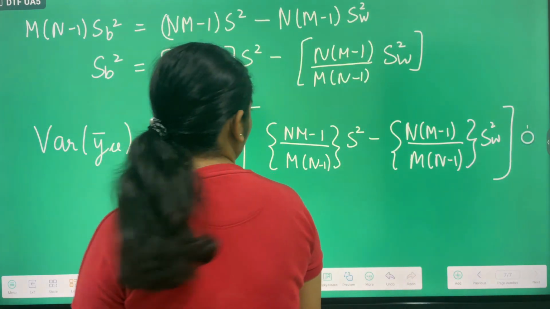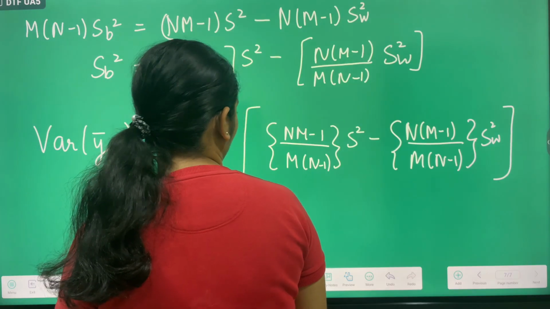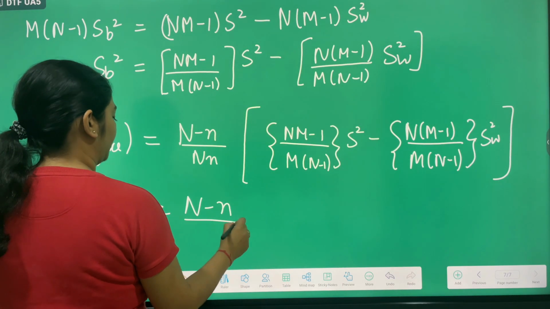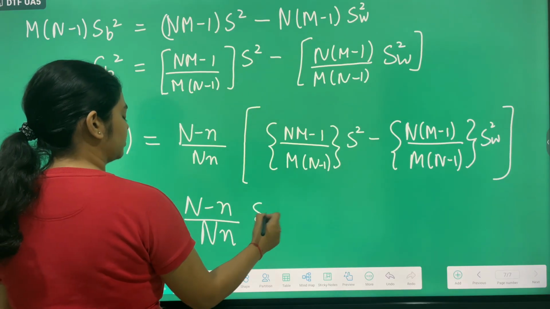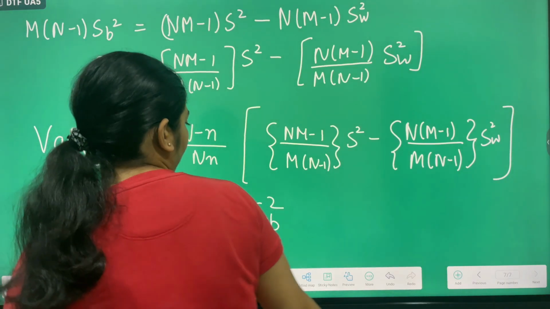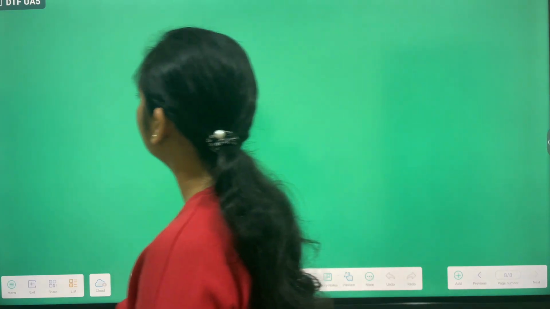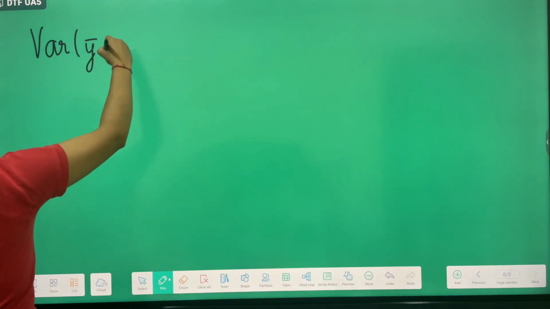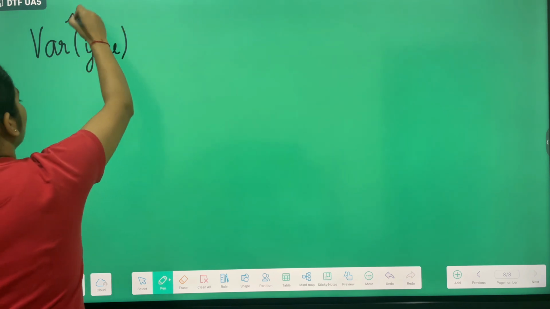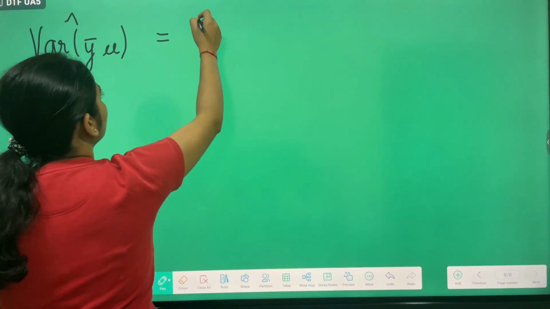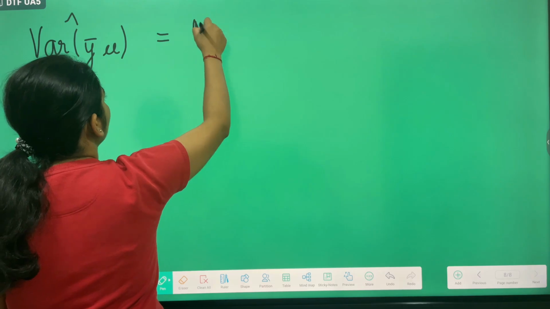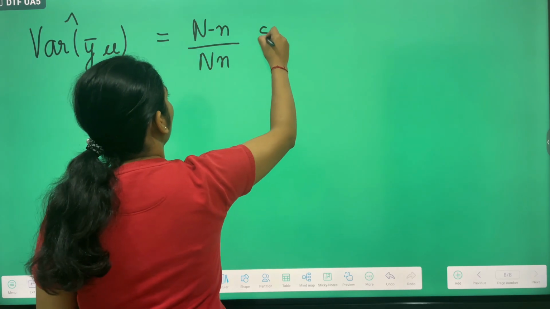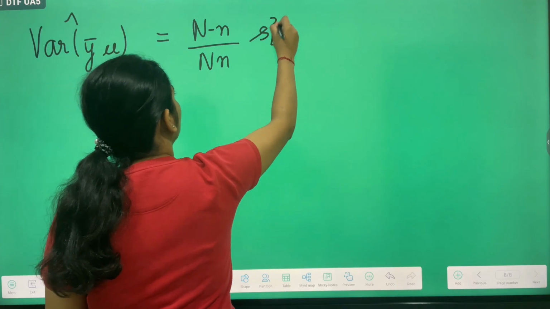Now if we want to calculate, or we can simply write it as capital N minus small n upon N S_B square. So if we calculate the unbiased estimator of variance of y bar CL, it will be variance of y bar CL cap, which is nothing but capital N minus small n upon N into small s_b square.